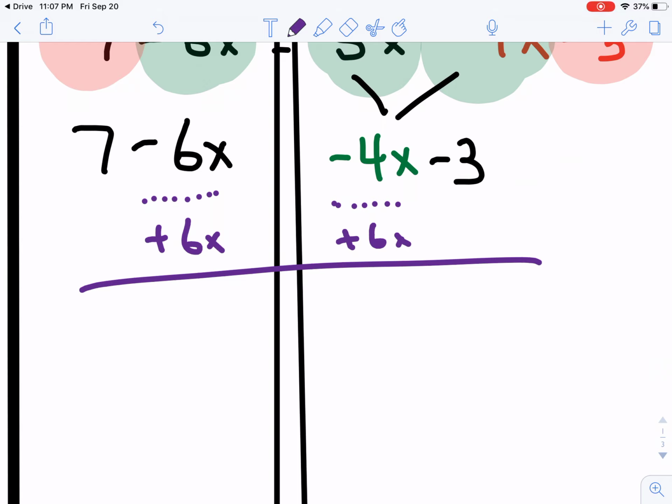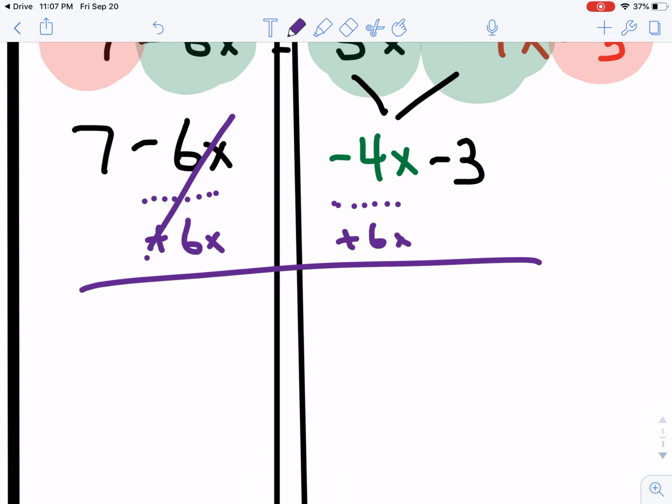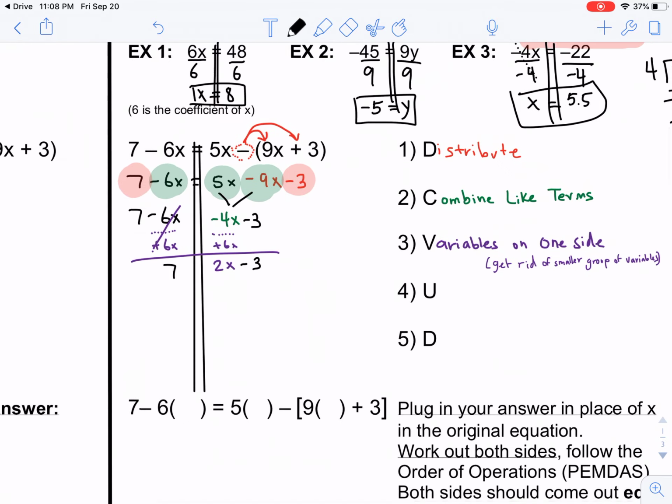What's going to happen here is we got rid of the variables on the left and we added 6 to the right, which will end up with 2x, and the rest will remain the same. The 7 stays, minus 3. Okay, so now we got the variables on one side.